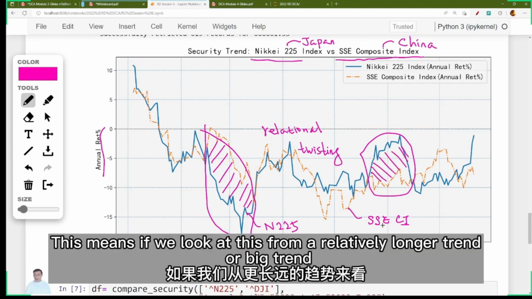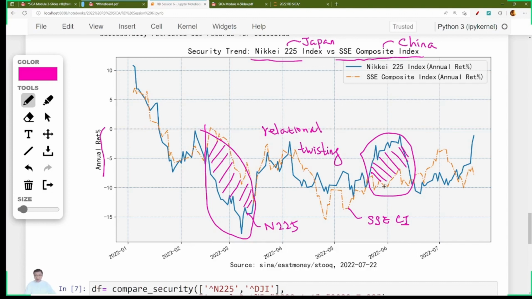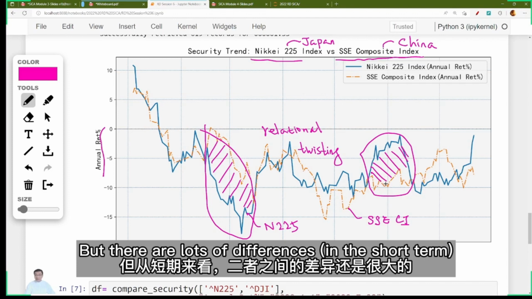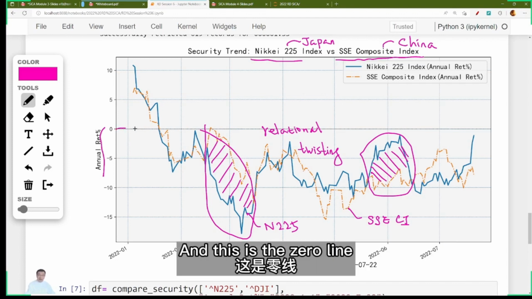This means if we look at this from a relatively longer trend or a big trend, they are somewhat similar to each other from the perspective of big trend. But there are lots of differences. Okay. And this is the zero line.